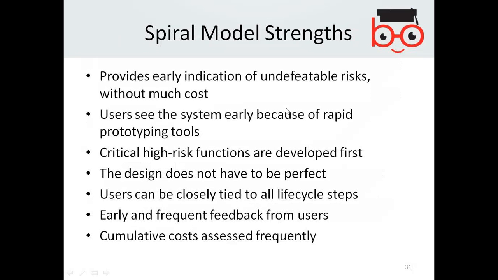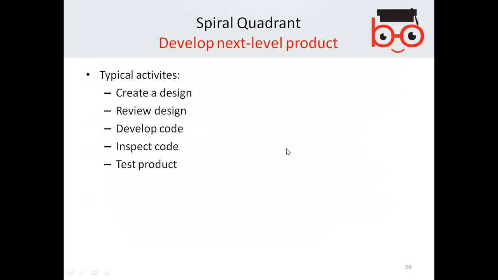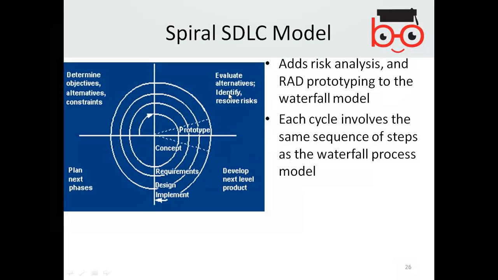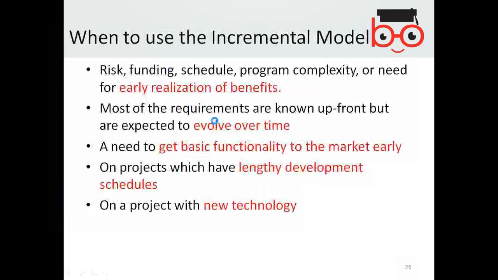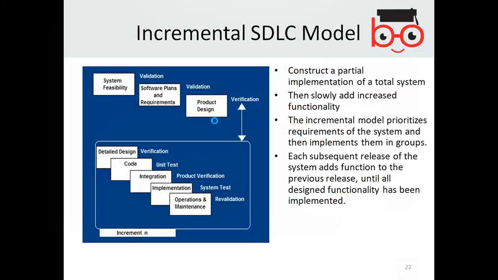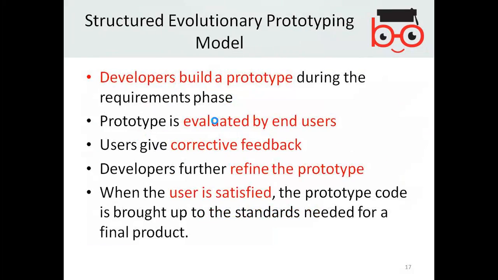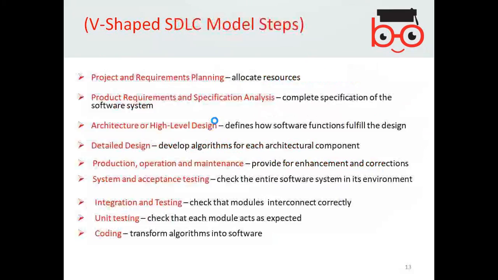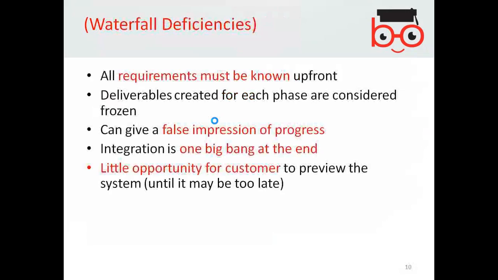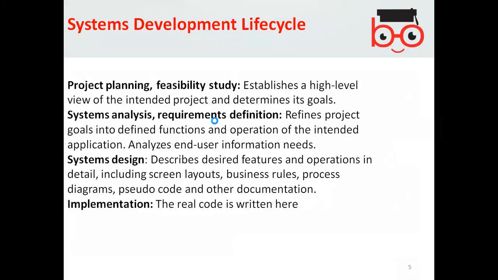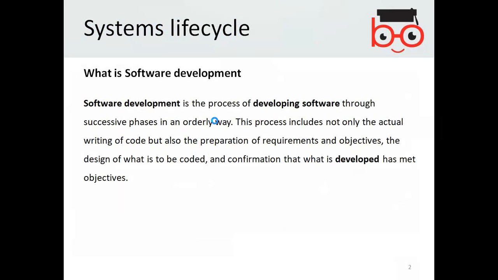However, we discussed the strengths and their quadrants, their definitions. They look like a spiral. Every stage looks like a phase, including the risk analysis. So we did the incremental model, the prototyping model, the V-shaped, and the waterfall model, along with the definition of the system development life cycle and software development as a general definition.